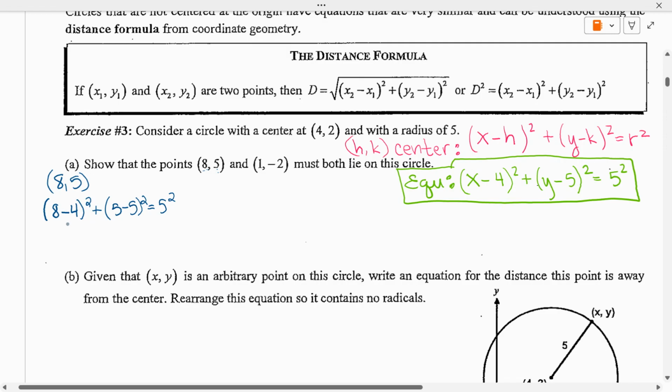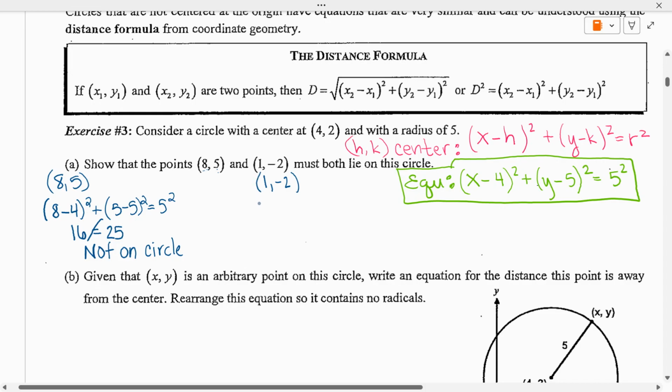Well, 8 minus 4 is 4, and 4 squared is 16. And 5 minus 5 is 0, and 0 squared is 0, equals 5 squared, which is 25. Does 16 equal 25? No, it does not. So this is not on the circle.